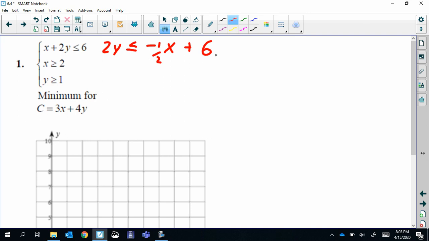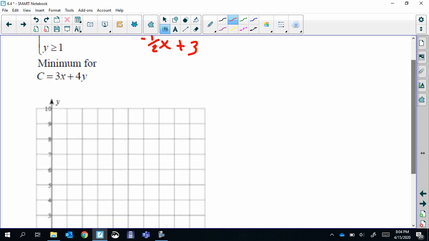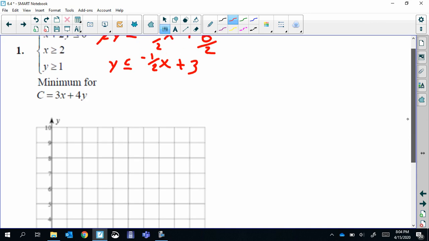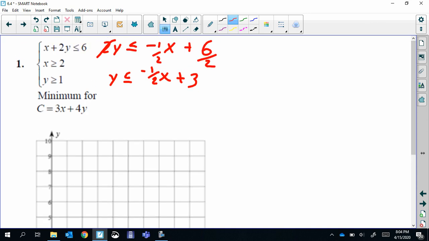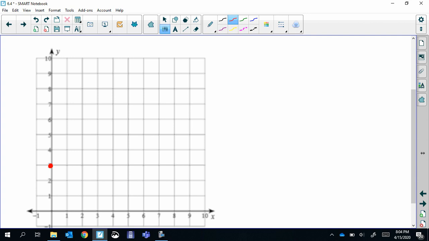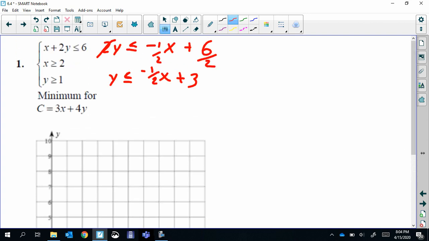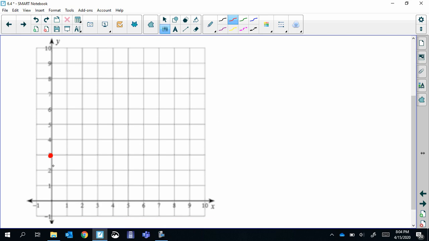So you get y equals negative 1/2 x plus 3. So start with this y-intercept of 3, and then our slope is negative 1/2, which means down 1 over 2, down 1 over 2, down 1 over 2.